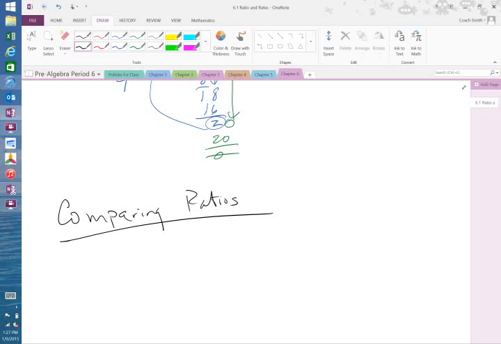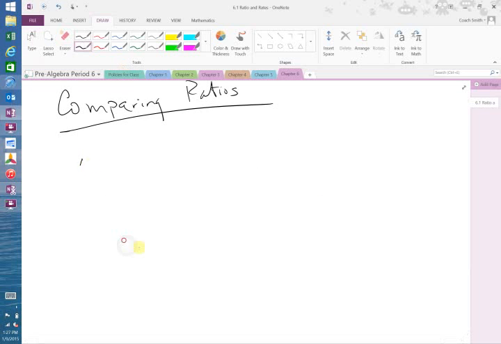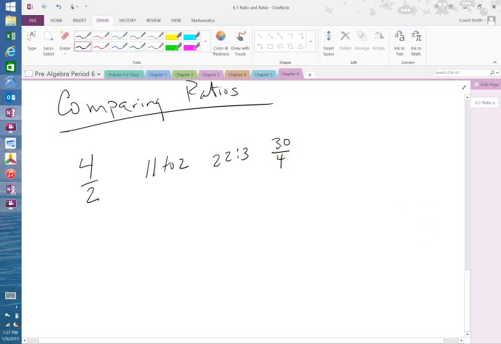For example, if I had these ratios here, okay, if we had those ratios, and they want us to put them in least to greatest order.